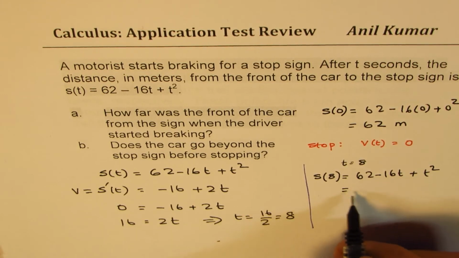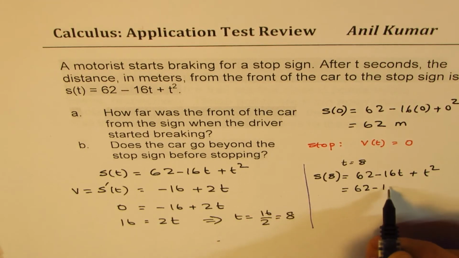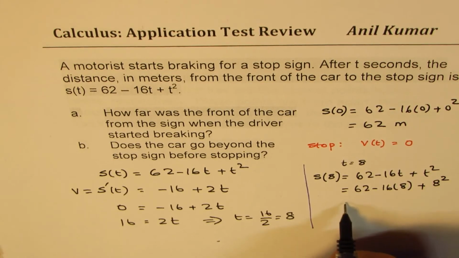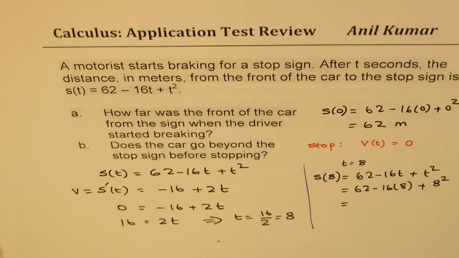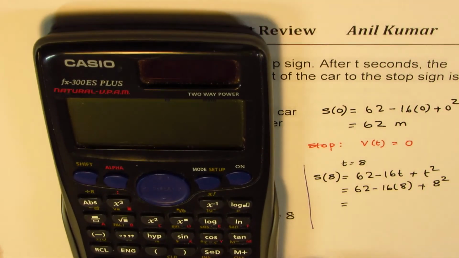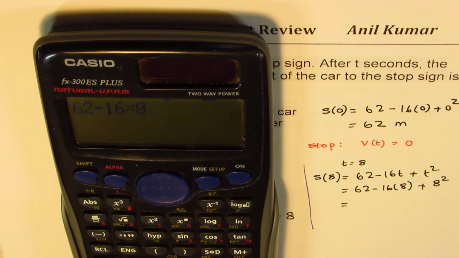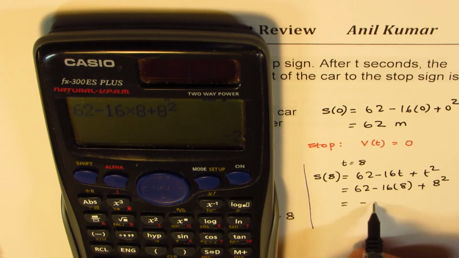We'll substitute 8 here, which is 62 minus 16 times 8 plus 8 square. Let's figure this out. So we have 62 minus 16 times 8 plus 8 square, which is equal to minus 2.